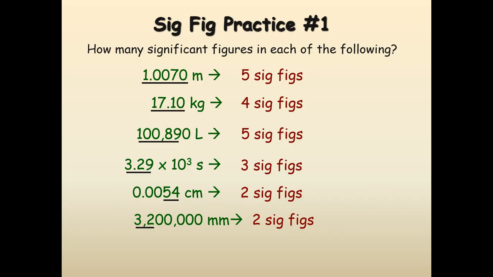Okay, let's practice rounding. Let's look at a number that comes out of our calculator and practice how to round it. Let's try this one. If I got 12.56 in my calculator, but I had to express that number as 3 sig figs, I'm going to start at the beginning, 1, 2, 3.